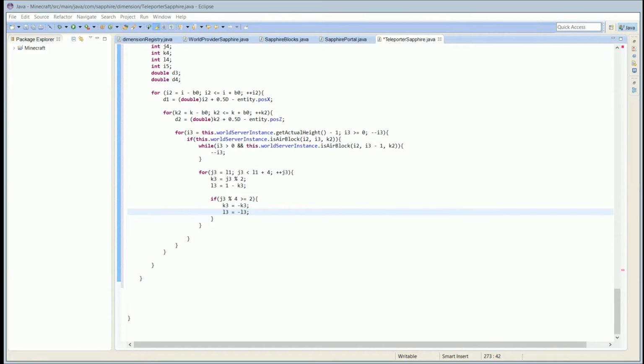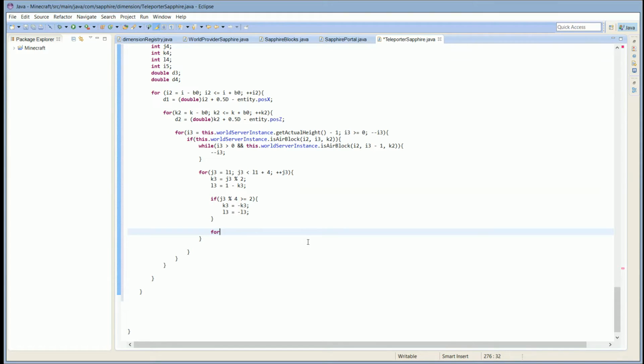This stuff is pretty complicated, so it's kind of hard to explain. But basically all this is doing is it's figuring out where to place certain blocks, as well as what to do if that block is not there, say it's air, then you obviously don't have the portal. So that's what that is.